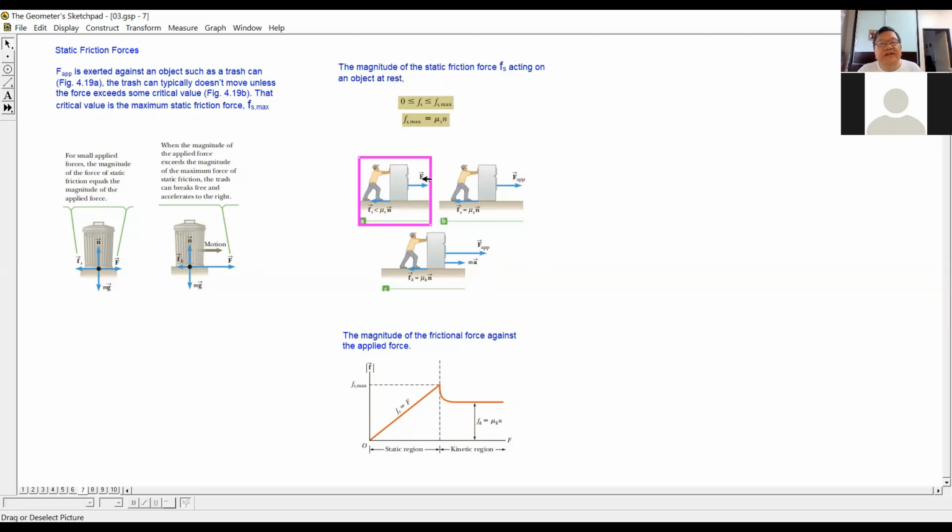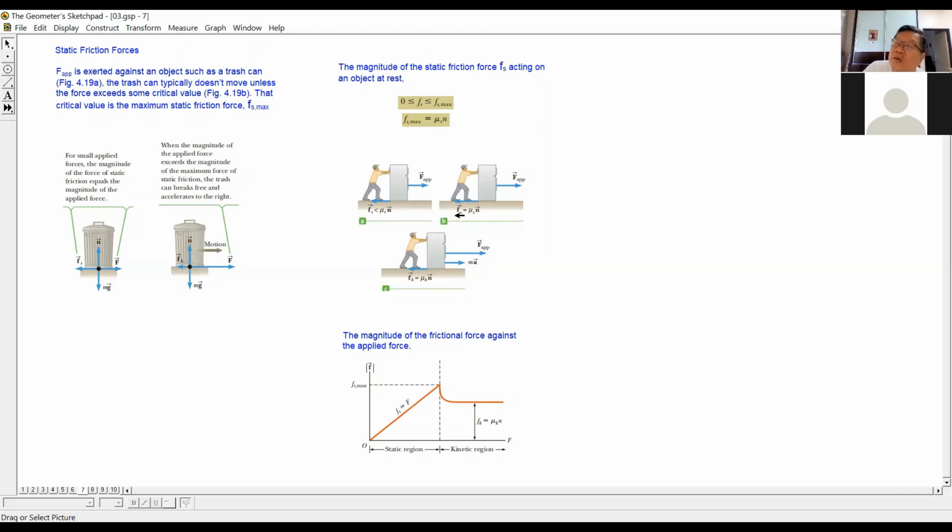So we look at the first case here. The first case, you give it an applied force. It is not moving. So we say that the frictional force is still less than the maximum. Then you increase it until it is about to move. It's about to move. Then it is equal.